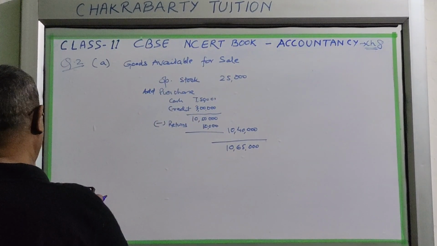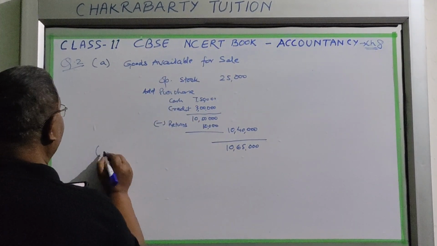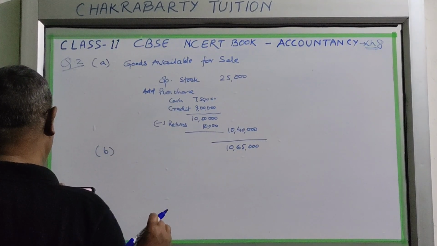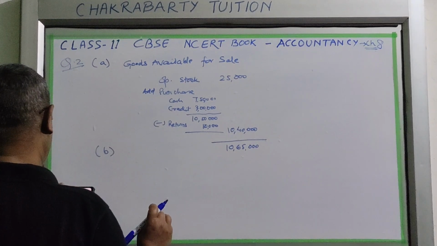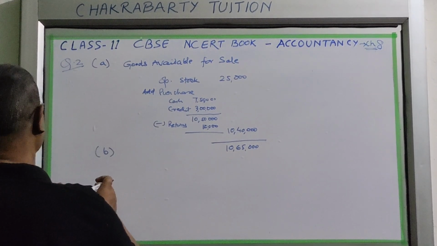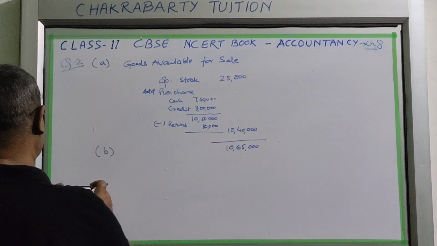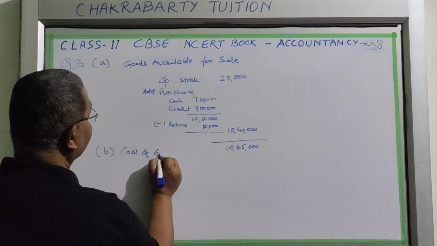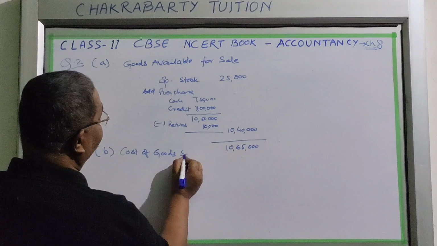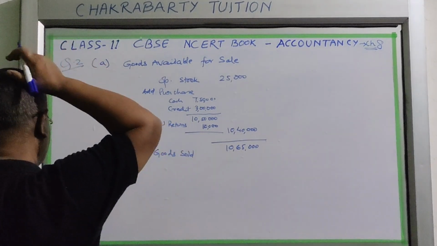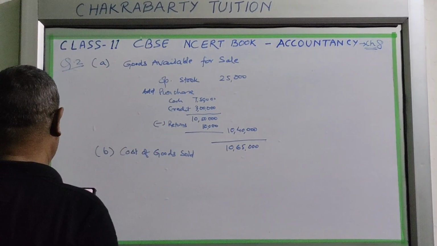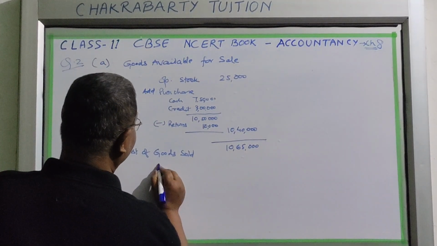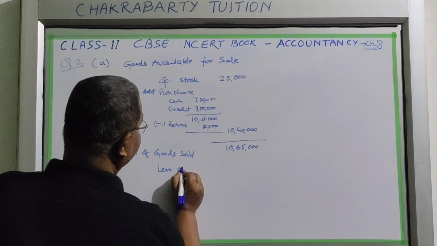Then the cost of goods sold during the year. Now they want to know the cost. The second point is the cost of goods sold, which you have to calculate. We can calculate it from this if you deduct the closing stock.